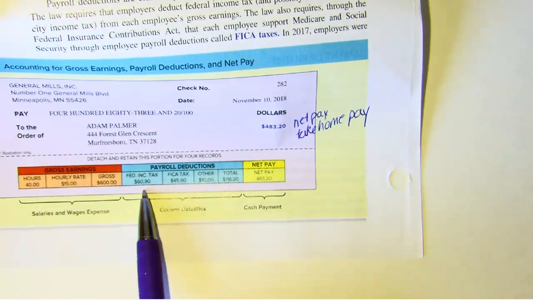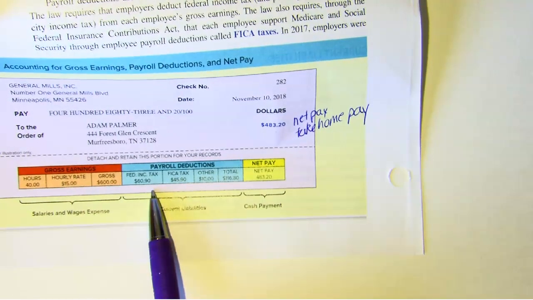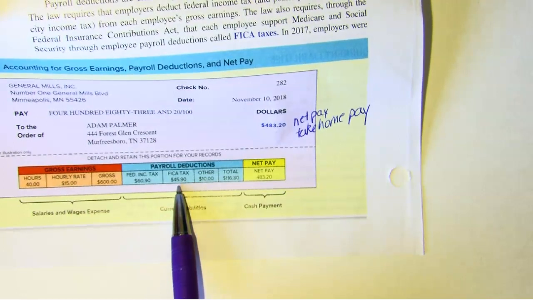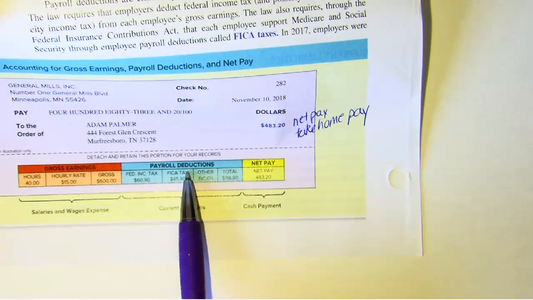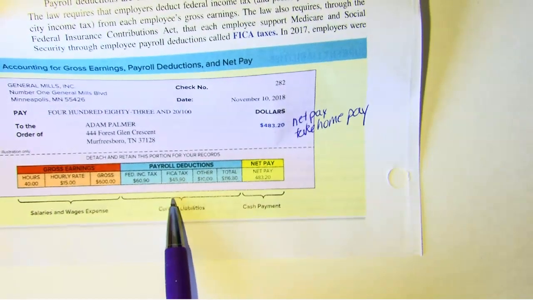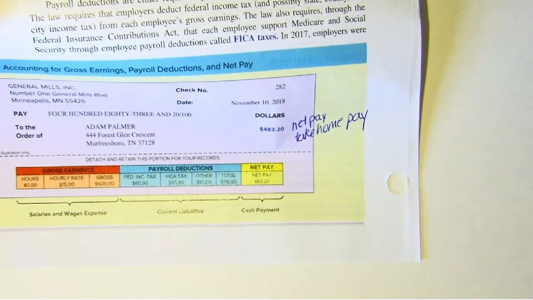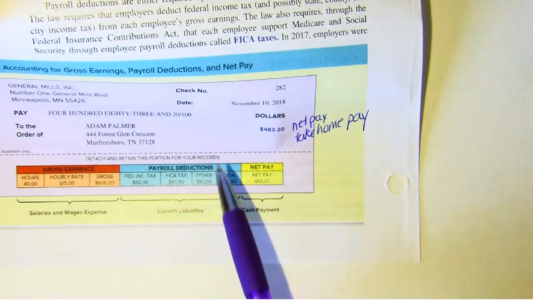Federal income tax, state income tax, and FICA tax are called mandatory or statutory withholdings or deductions. Both words are correct. That means your employer has no choice. They have to withhold those from your pay and then submit them to the appropriate government, whether it's state or federal.